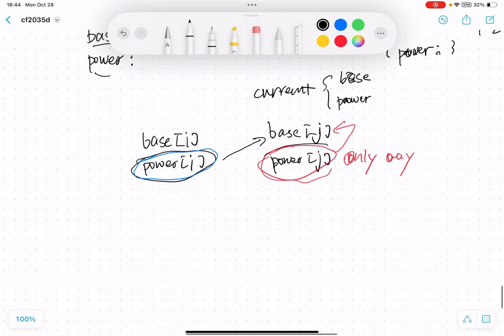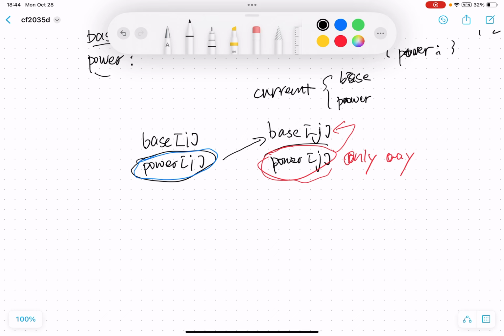So for the first one, if the largest value is larger, the sum of the array will be larger.